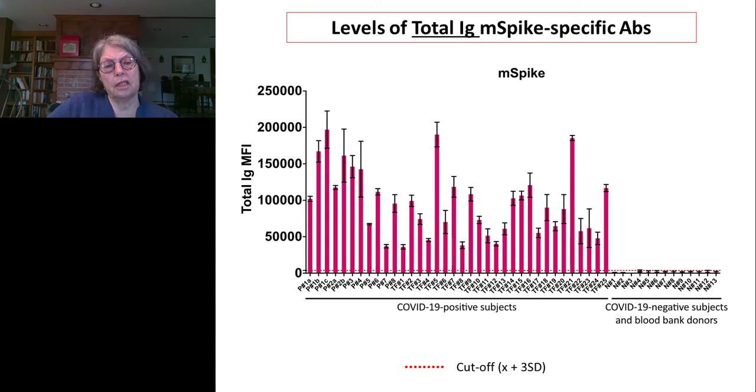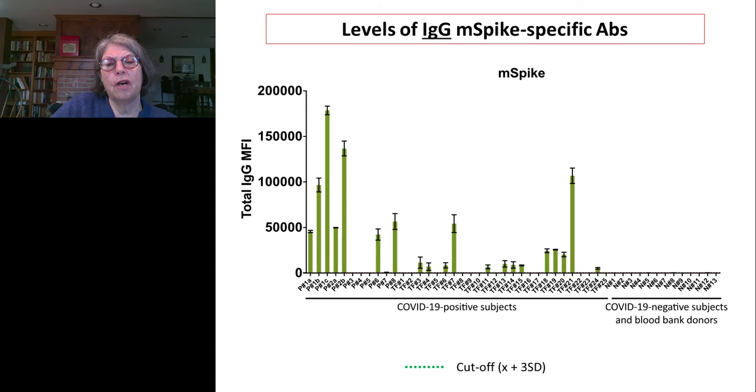This is a slide that shows you levels of IgG-specific anti-spike antibodies. And this was a surprise to us because there were many of the COVID-19 patients that are shown in the left two-thirds of this graph that had very good titers or levels of IgG, but there were several that had very low levels or no levels of IgG.